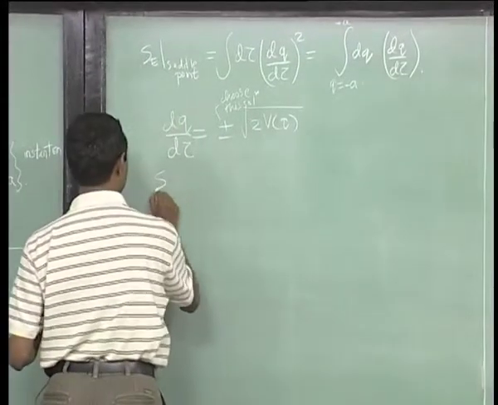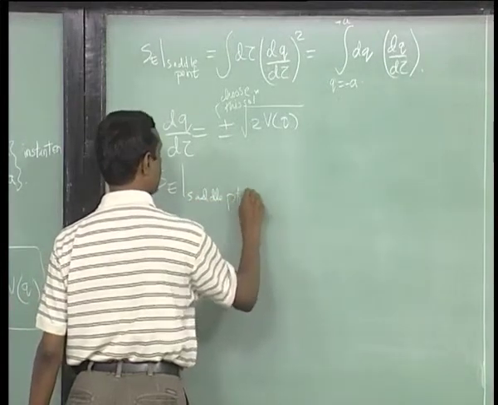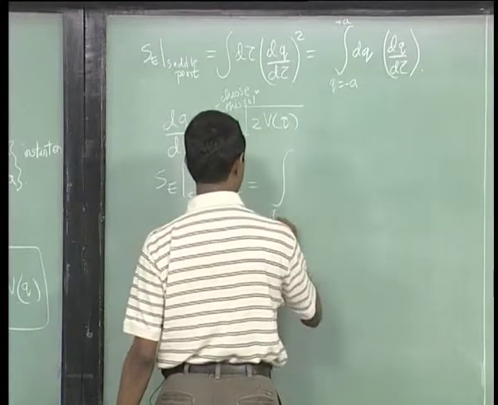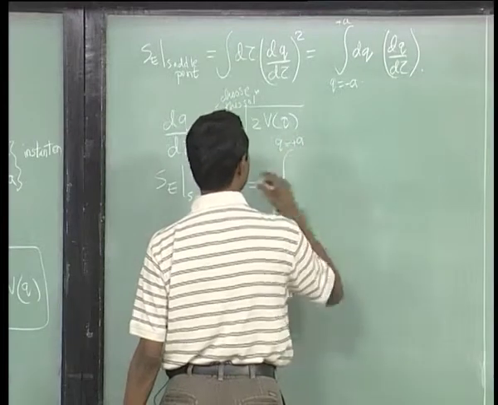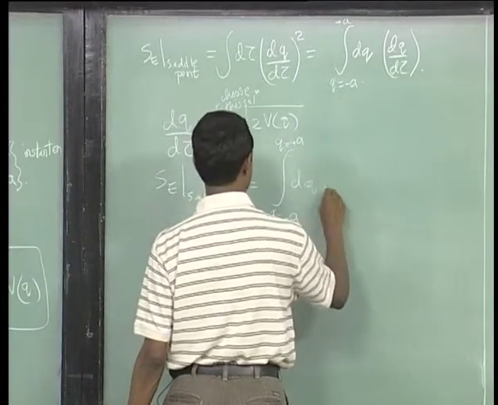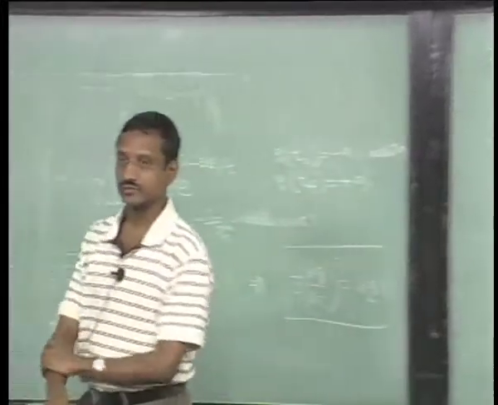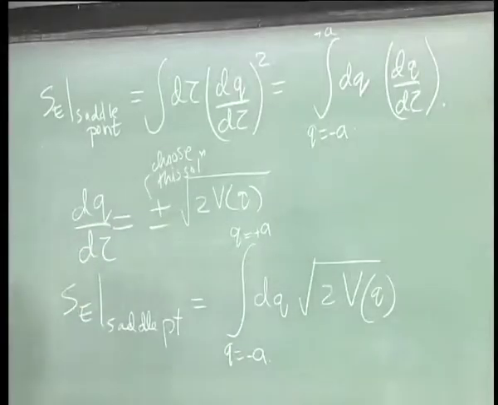So, we get S Euclidean evaluated at the saddle point is equal to the integral from q equal to minus a to q equal to plus a, dq of square root of 2V. So, you can go back and compare.